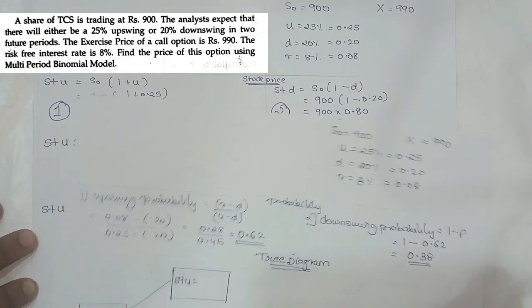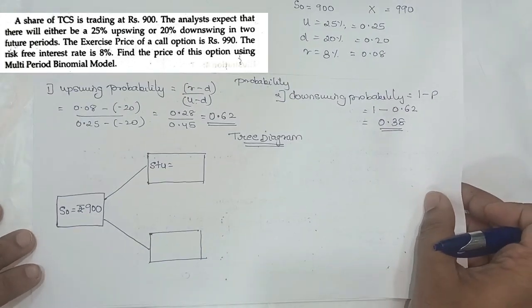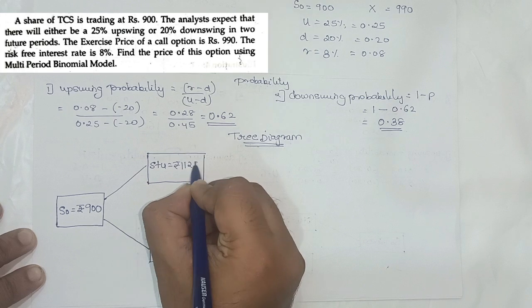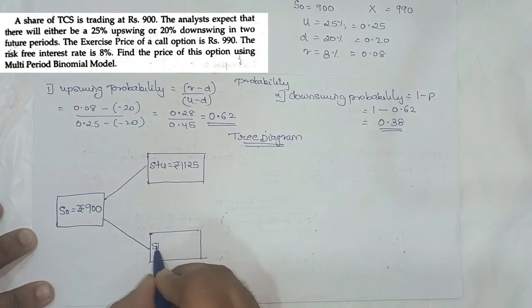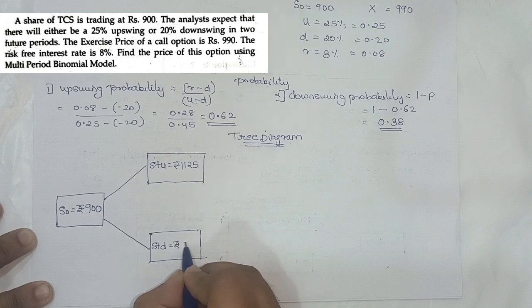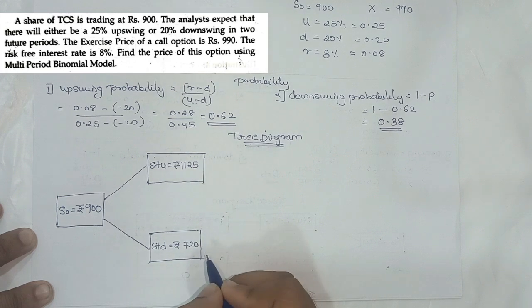So we note that down in our tree diagram. First one is rupees 1125, and for stock during downfall, the value is rupees 720.